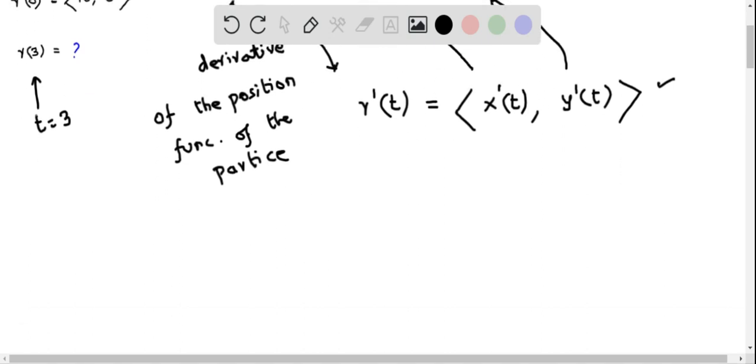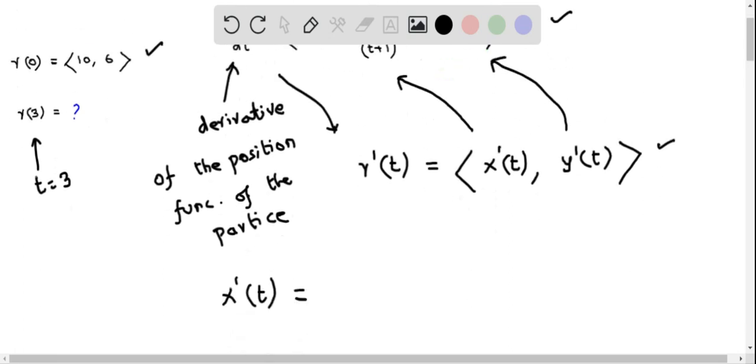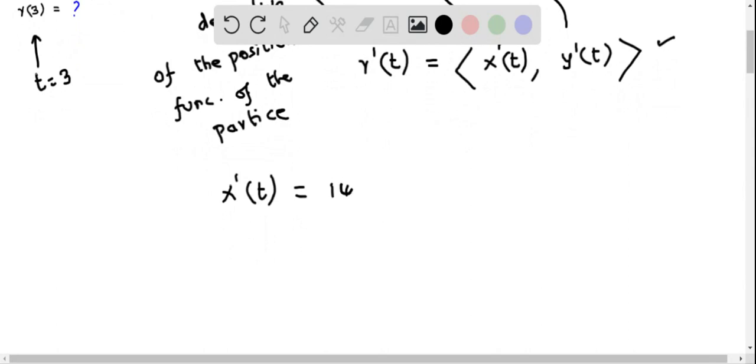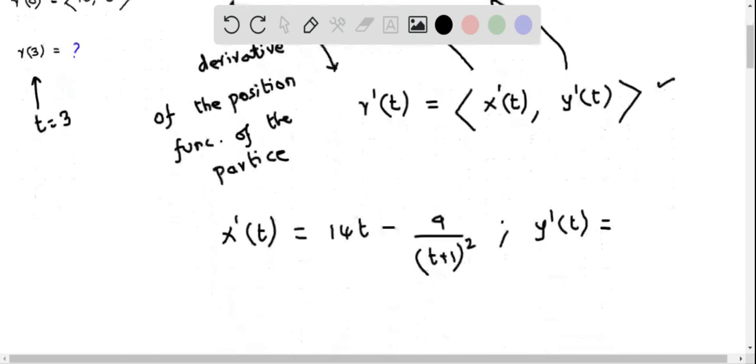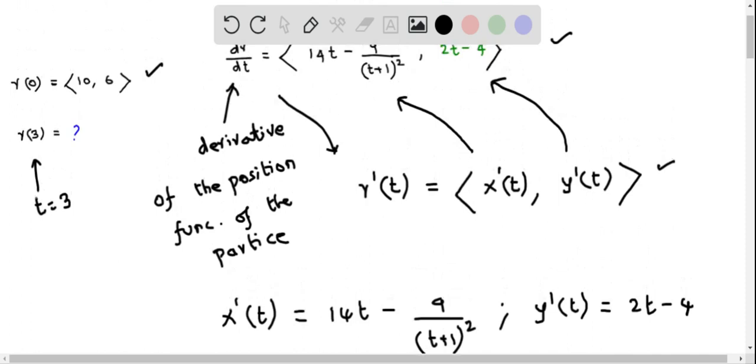So let's write down the expression for x prime of t. We have x prime of t equals 14t minus 9 by t plus 1 quantity square. And y prime of t equals 2t minus 4. Now using these equations, if we integrate both sides, we will get the r of t.